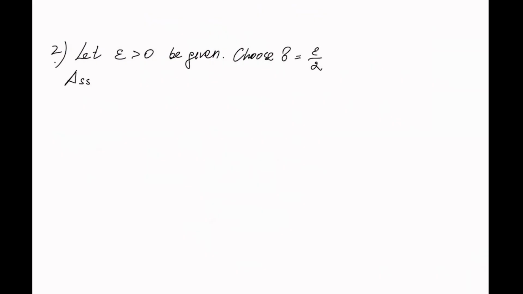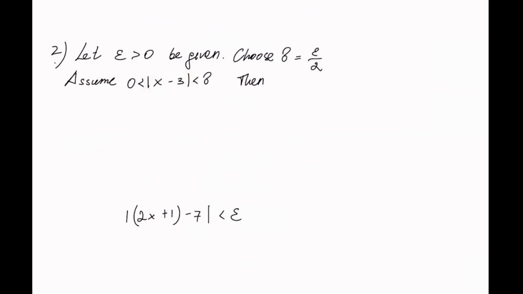Now assume absolute value of x minus 3 is greater than 0 but smaller than delta. Then we start building up on this x minus 3 to get to the then statement, which is absolute value of 2x plus 1 minus 7 less than epsilon.